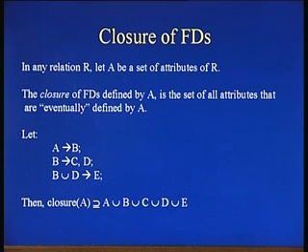Then we say that the closure of A contains all of these attributes, that is, A union B union C union D union E, all of them. Because all of these attributes can be eventually defined from A. From A we can define B, from B we can uniquely define D, and combining B and D we can uniquely define E. So all of these attributes can be eventually uniquely defined by A. What about elements that lie within A?